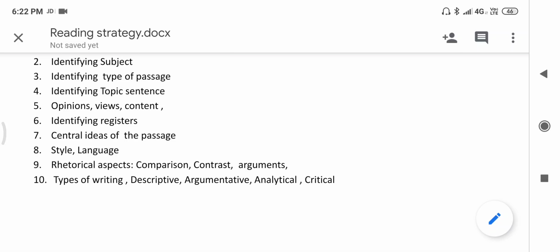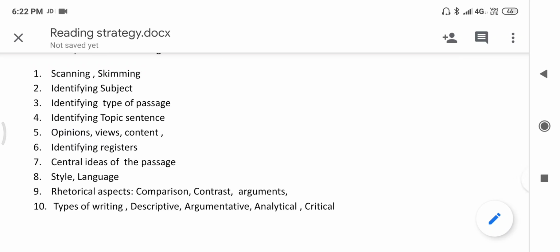So, the writing will express judgments, opinions, agreeing, disagreeing, accepting, evaluating, criticizing, setting its standards. All these features will be reflected in this type of writing, and these are rhetorical aspects of writing.